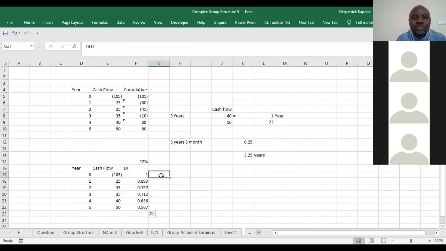So the first thing that you do, you find the present values, then that is when you discount. Then that is when you bring in your cumulative.